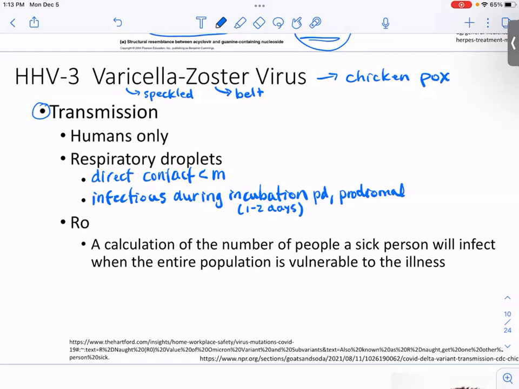And then they really kind of plow into full-blown illness pretty quickly. And then people are infectious through the illness period until the rash scabs over. So it's pretty long, at least a week that people are infectious.